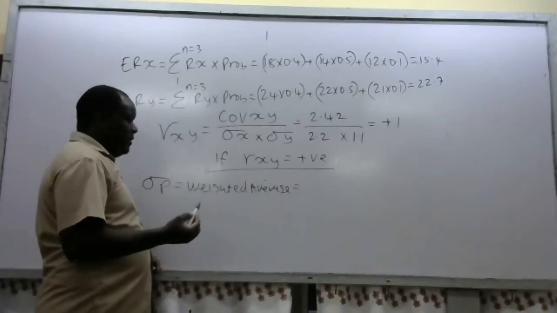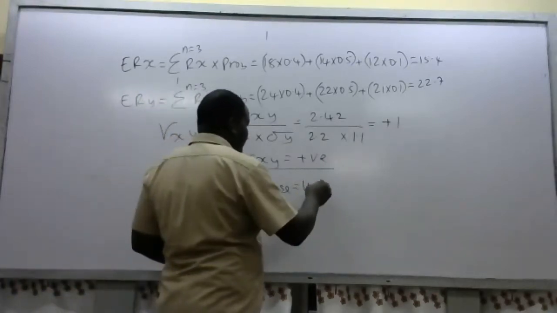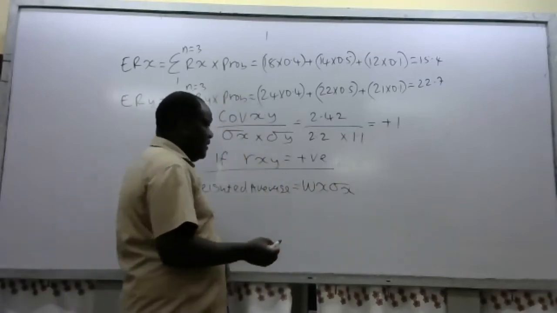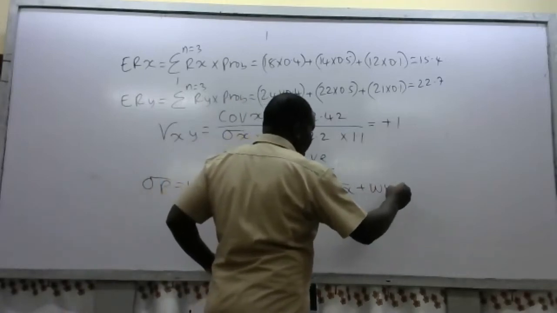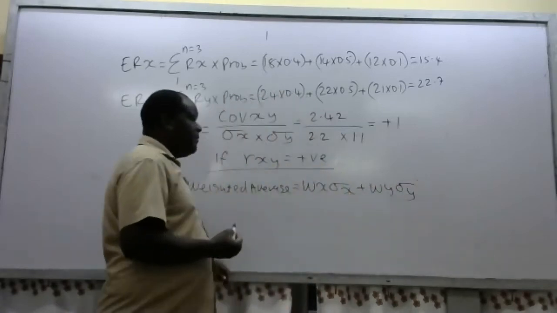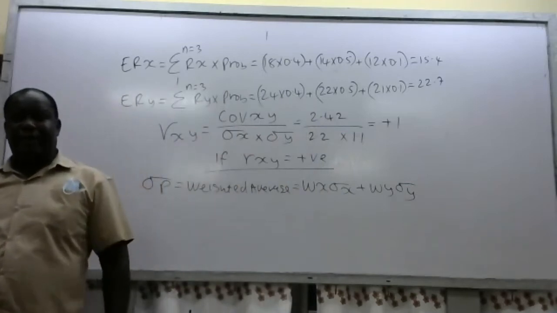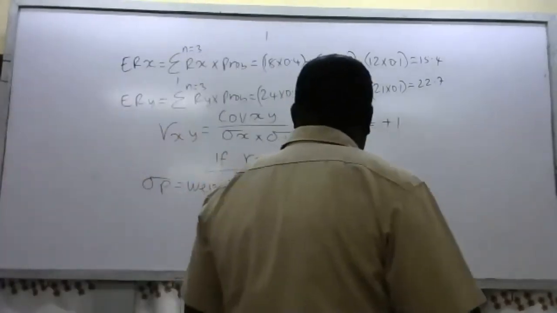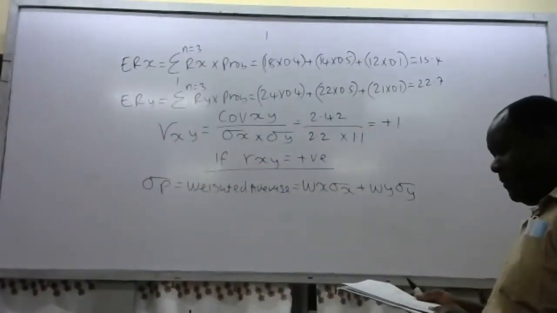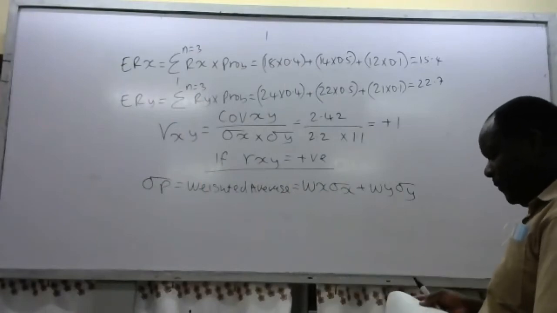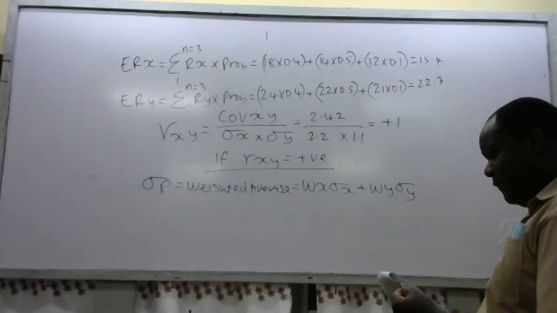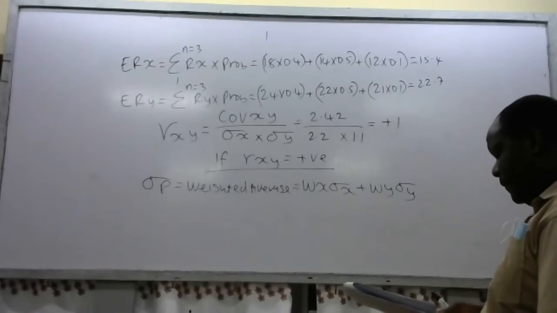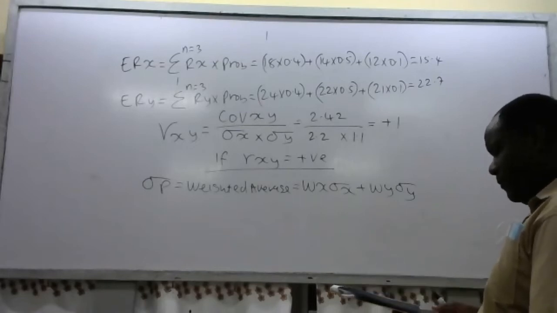It will be the weighted average, whereby you get the weight of X multiplied by the standard deviation for X, and you add the weight for Y multiplied by the standard deviation for Y. So the weight for X, you remember the question was able to give you the proportions.